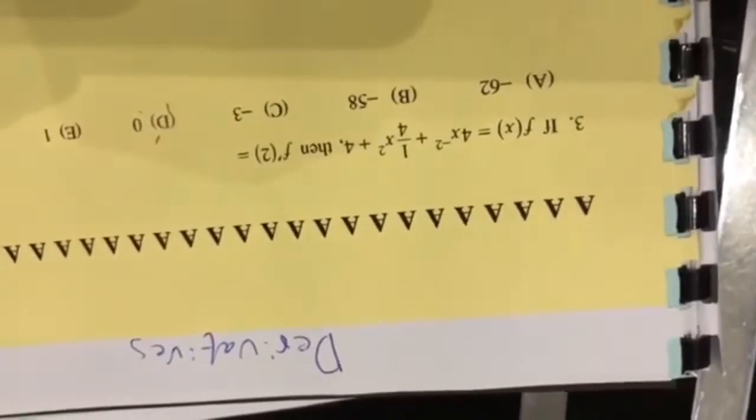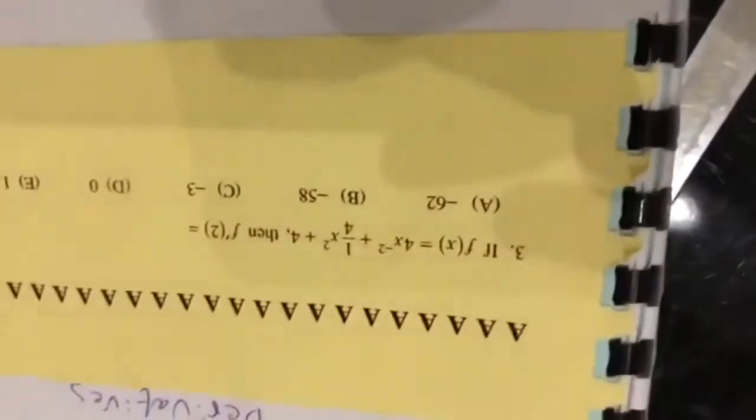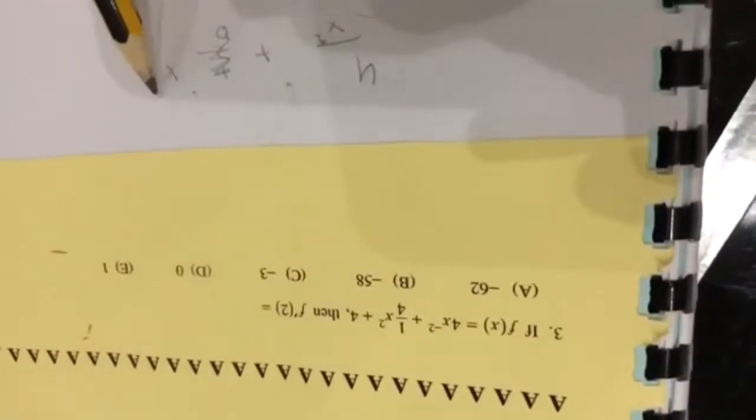Then for the second derivative, for this question you have first to find the derivative of this one. So 4x power minus 2 is the same as 4 over x squared plus 1 over 4 x squared, which is the same as x squared over 4, and the derivative of 4 is 0.